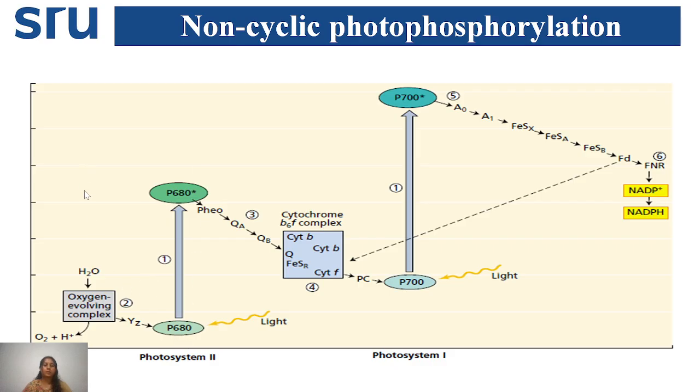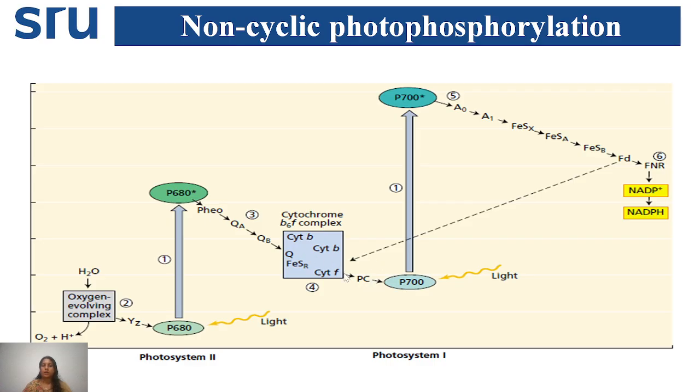So what happens once the light comes? It excites, and then pheophytin, plastoquinone, then the cytochrome B6F complex, and at the end plastocyanin. All these are intermediates to transfer the electrons, and later the electrons are transferred to photosystem 1 by plastocyanin.